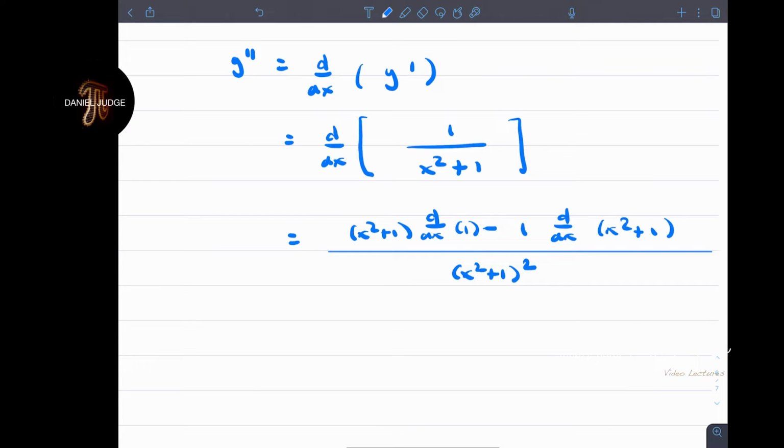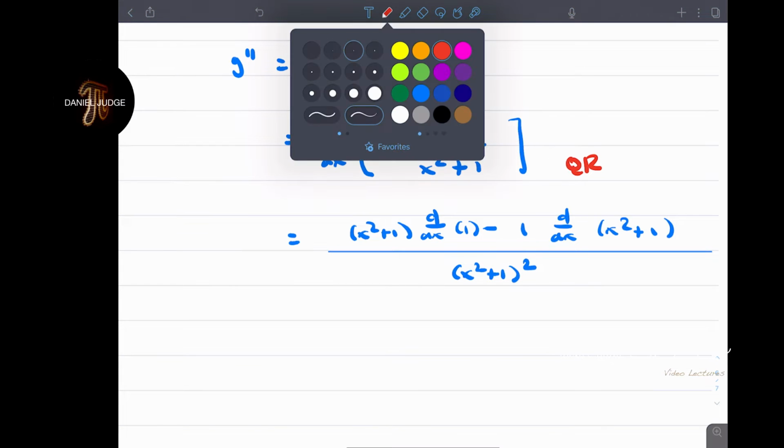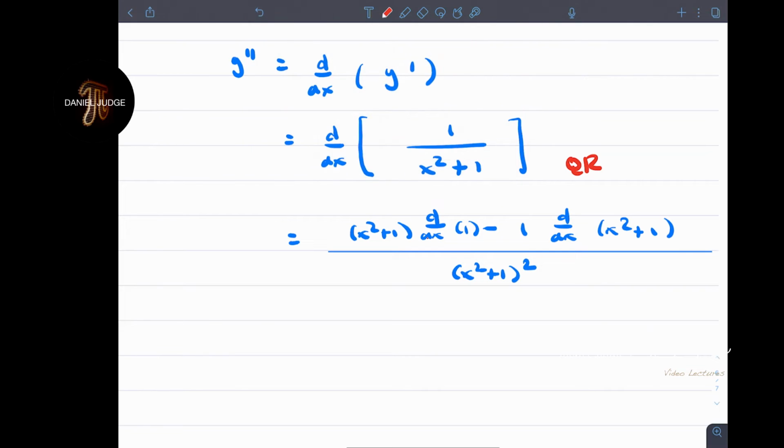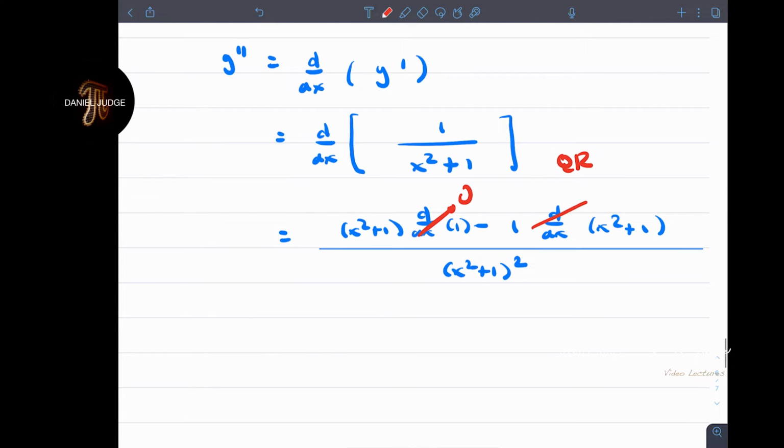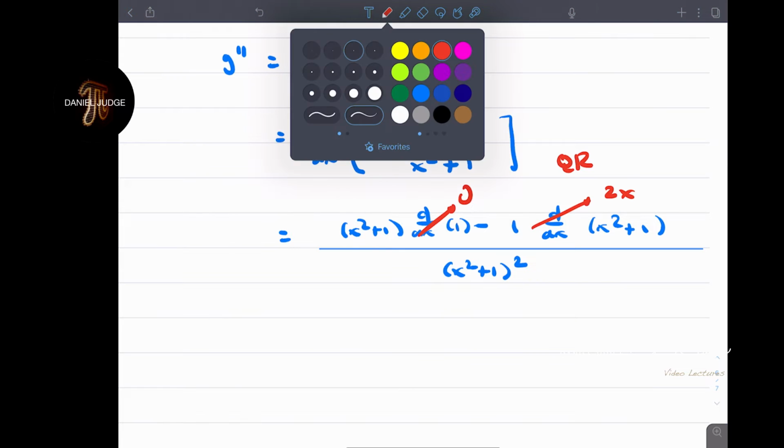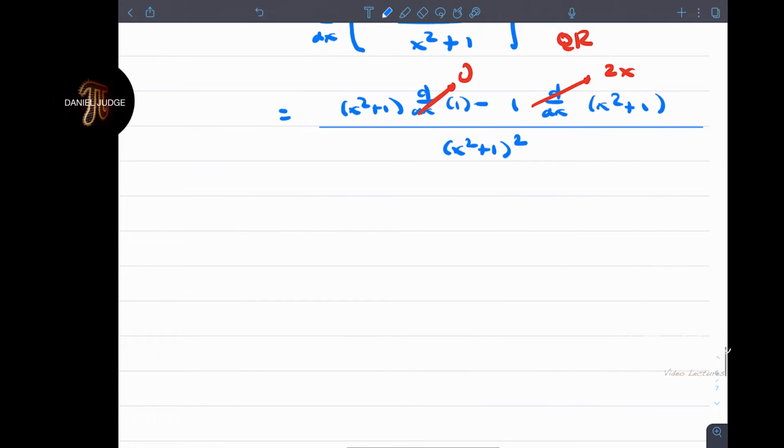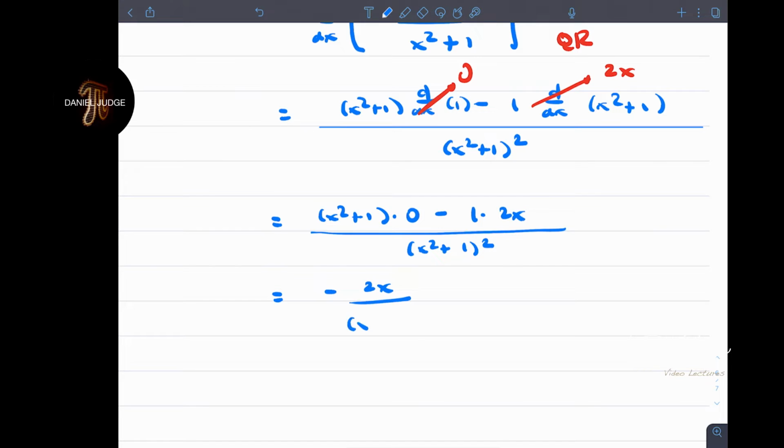Okay, here's quotient rule. Call that QR. x squared plus 1 times 0 minus 1 times 2x, everything over x squared plus 1 squared. So the second derivative is simply going to be negative 2x over x squared plus 1 squared.